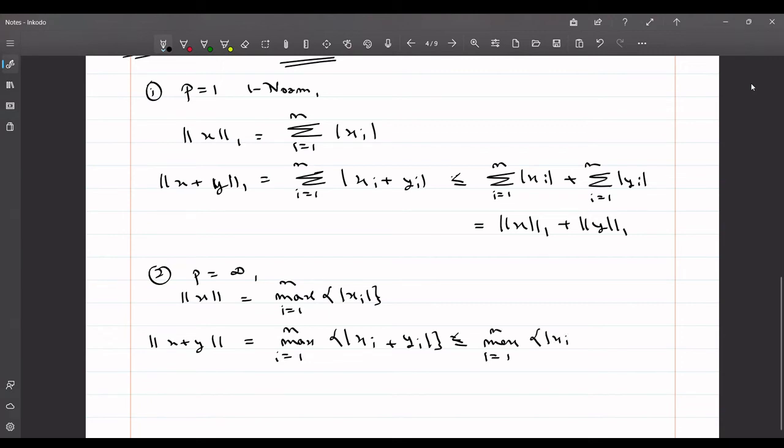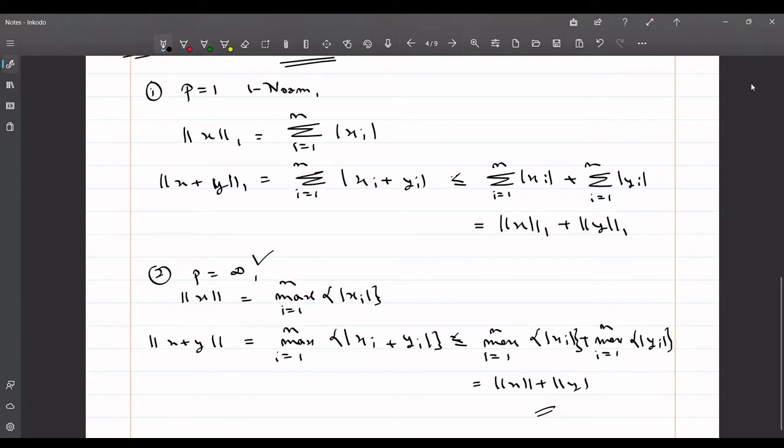So this is the maximum of the x's plus the maximum of the y's, which is the norm of x plus the norm of y. So in case of p equals infinity, it is also very much trivial. So these two cases, p equals 1 and p equals infinity, are done.